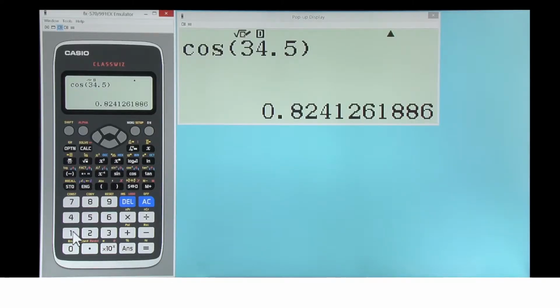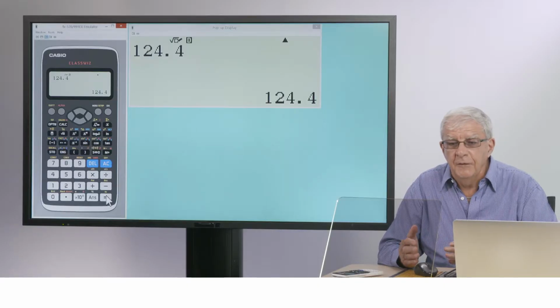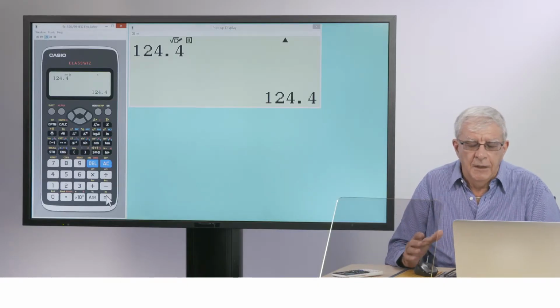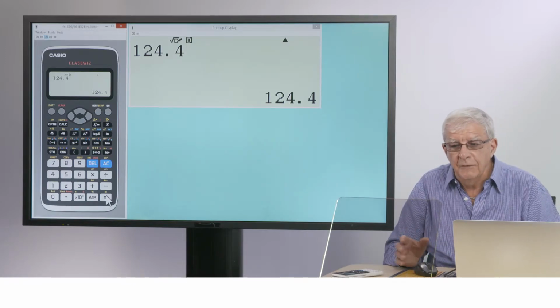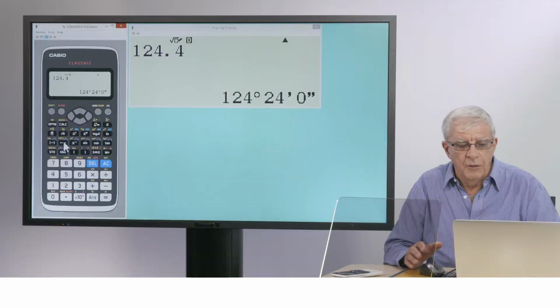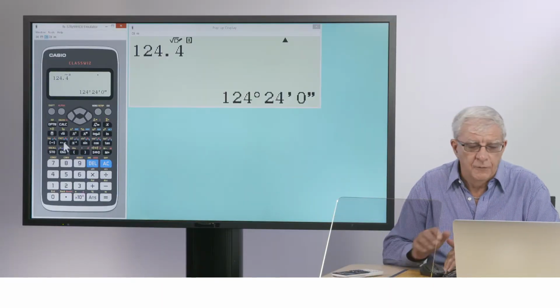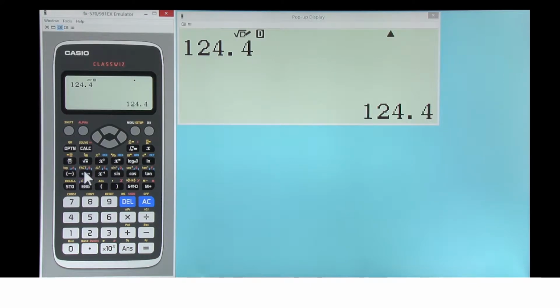So, for example, 124.4, and let's put that in as a decimal, shift and equals. If we'd like to see this number as an angle in degrees and minutes and seconds, we simply need to tap this key and it'll turn into 124 degrees, 24 minutes and no seconds. Or we can tap that key again to revert to a decimal degree.